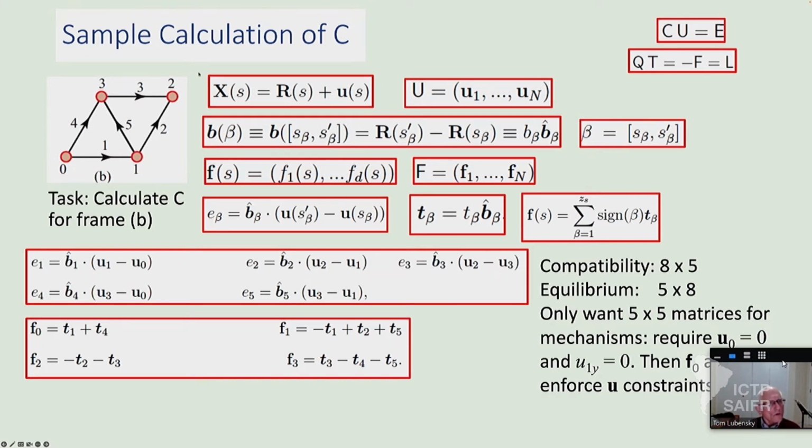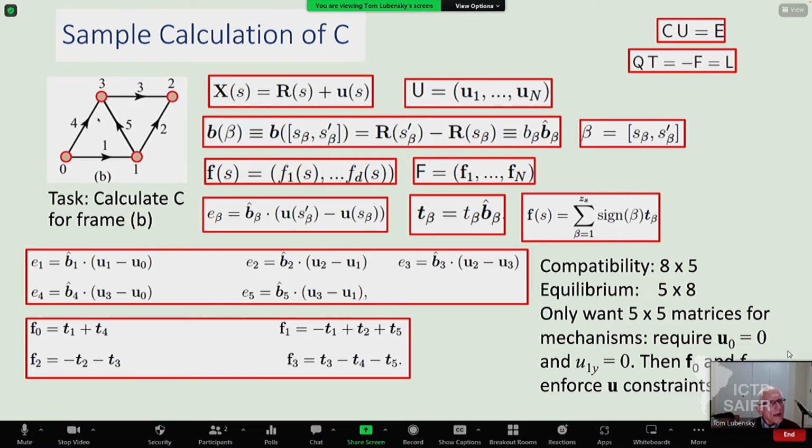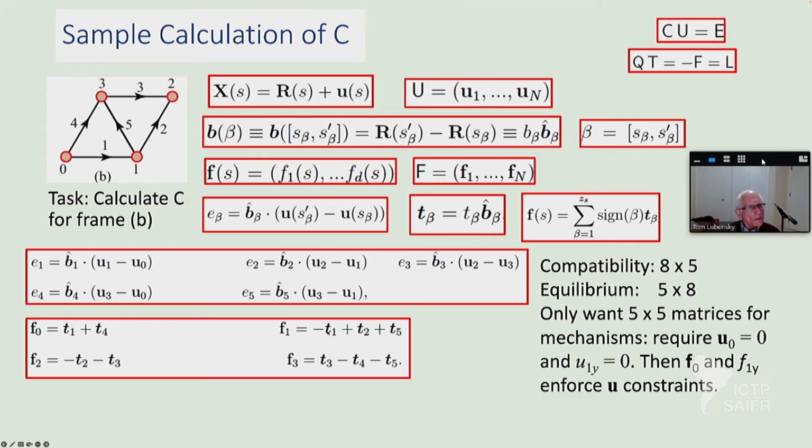The force on 3, for example, now has two vectors going in and one vector going out. So it's T3, which is going to the right, and the other two have arrows going in: minus T4, minus T5. These are all of the relationships that come out of the Maxwell-Calladine discussion.